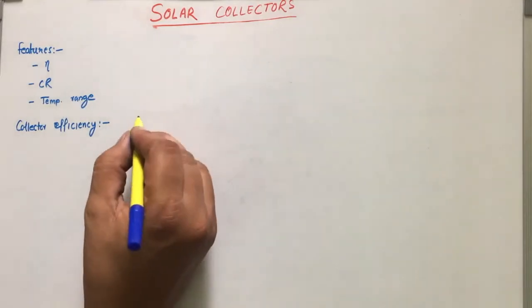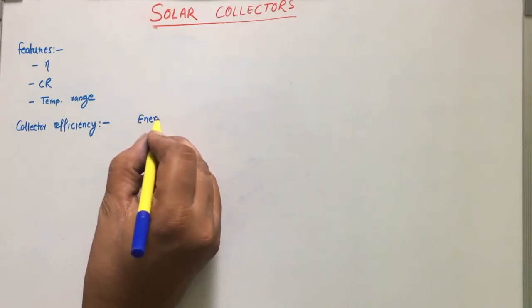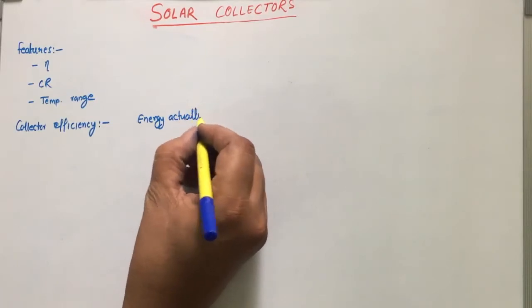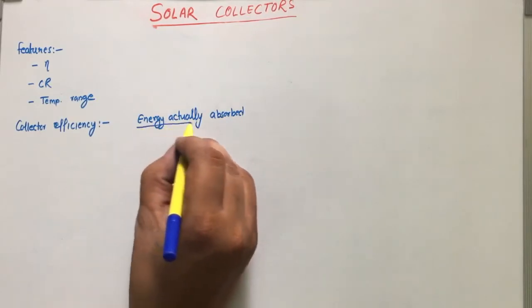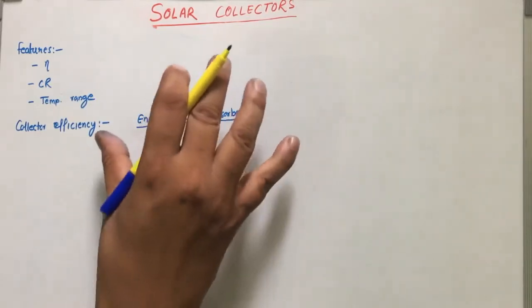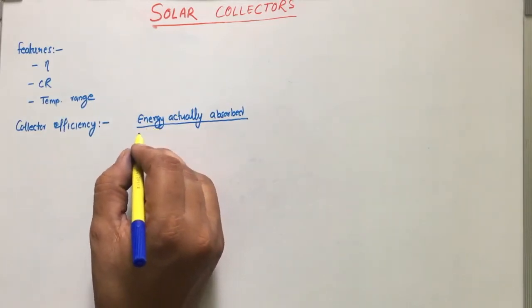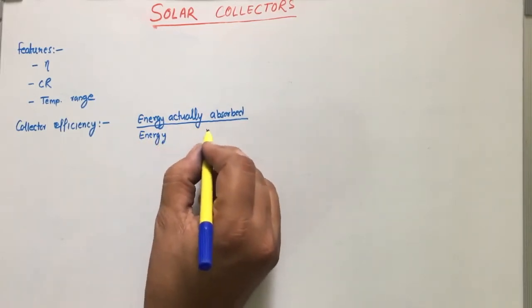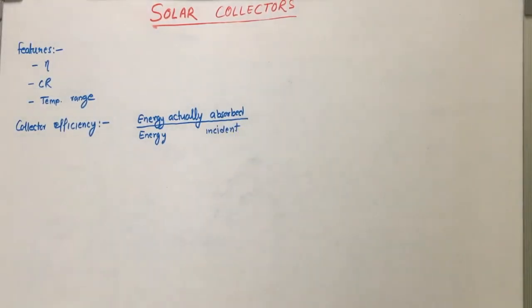So efficiency is the energy absorbed by the collector surface to the energy incident on the collector surface. So this is called collector efficiency.